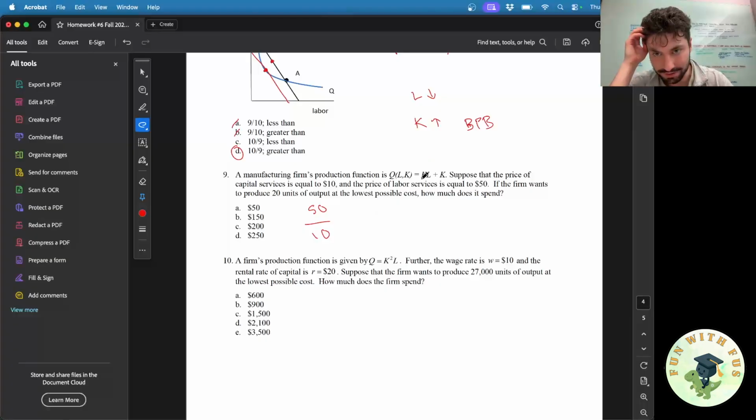Oh, I know exactly how I would do this. The marginal product of labor is just K, over the wage, so that's K over 50, and the marginal product of capital would be L plus 1 over 10.